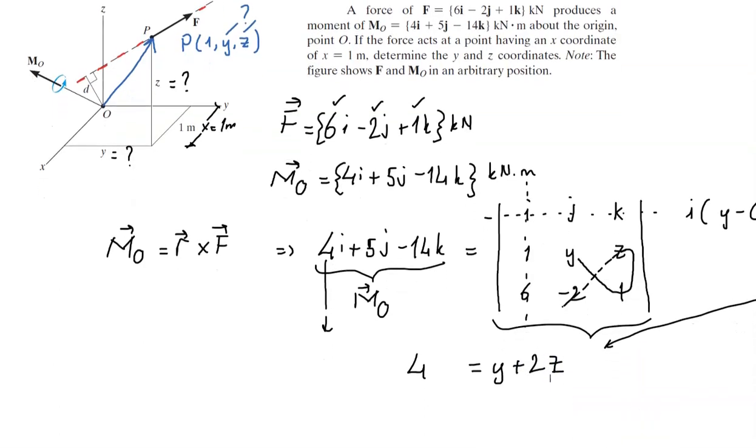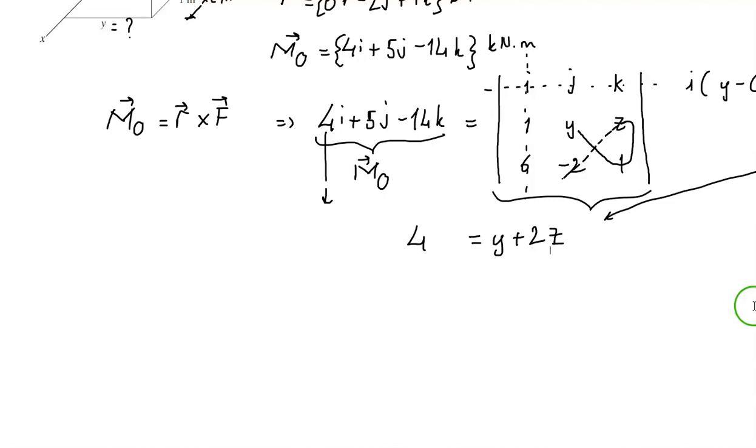Then for the j component, which is 5, if you delete this row and that column, you end up with 1 times 6 minus z, but if you remember, that should be minus j, so we end up with minus 1 plus 6z.